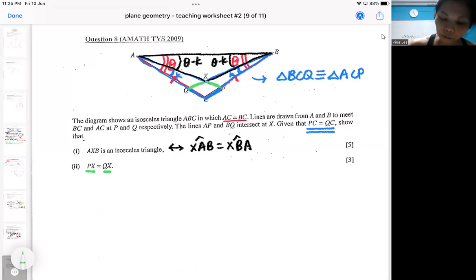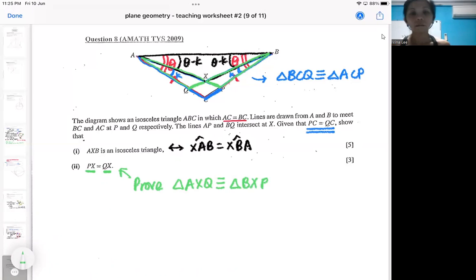So I'm going to prove another congruent triangle. In order to prove this, I'm going to prove that triangle AXQ is congruent to triangle BXP. Because if I can manage to prove this congruent, then QX will be equal to PX.